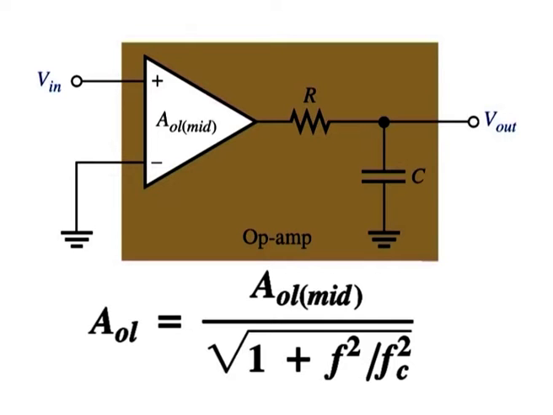This equation shows that the open loop gain equals the mid-range gain when the signal frequency f is much less than the critical frequency fc and drops off as the frequency increases. Since fc is part of the open loop response of an op-amp, we will refer to it as fc(OL).